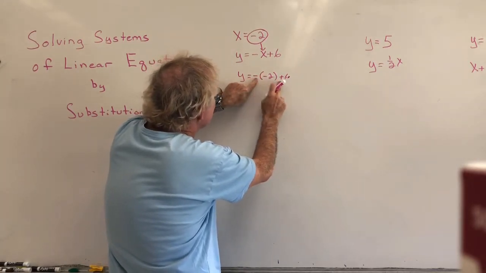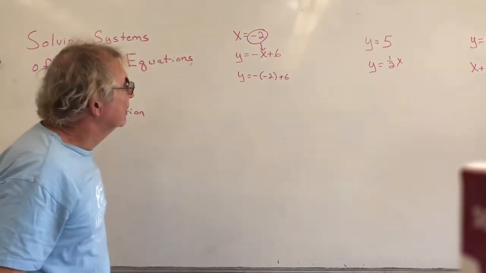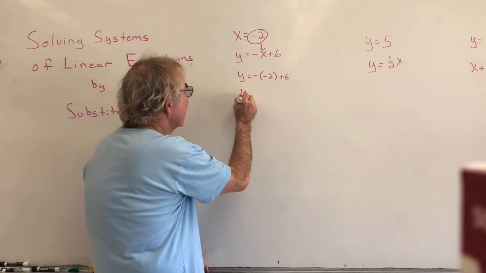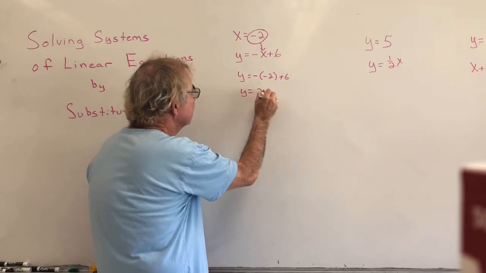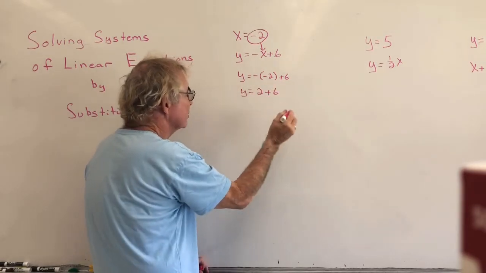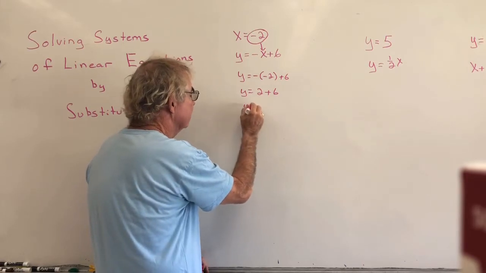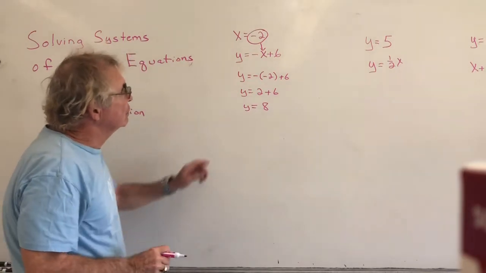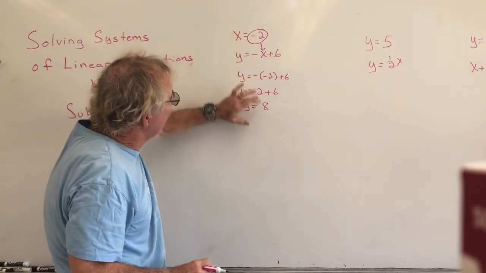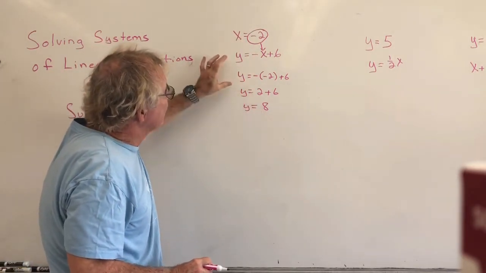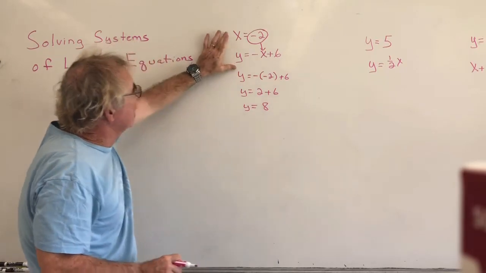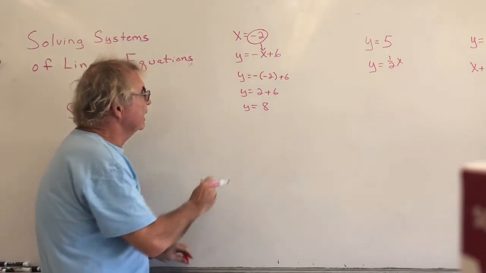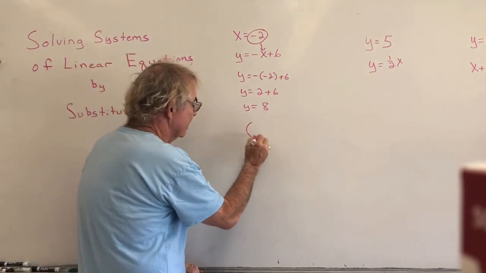So y is equal to -x plus 6. The opposite of a -2 is a +2, and 2 plus 6 is 8. So we have x to be -2, y to be 8, and since these 2 graphs would denote lines if you were to graph them on a plane, we write the answer as an ordered pair.